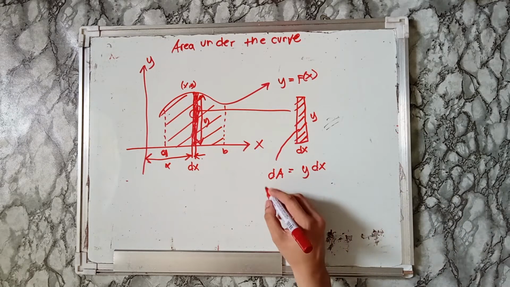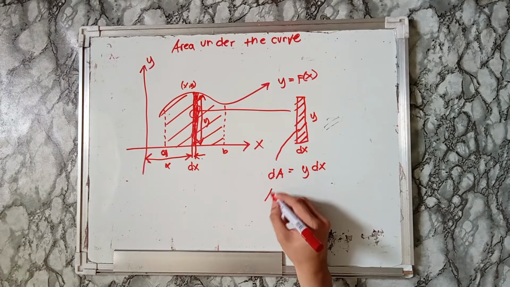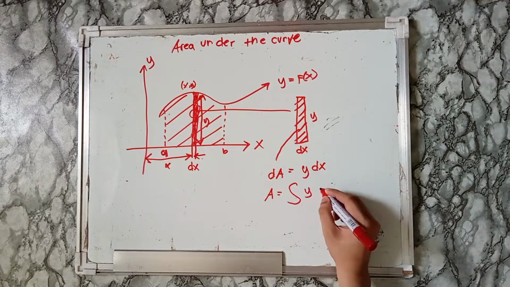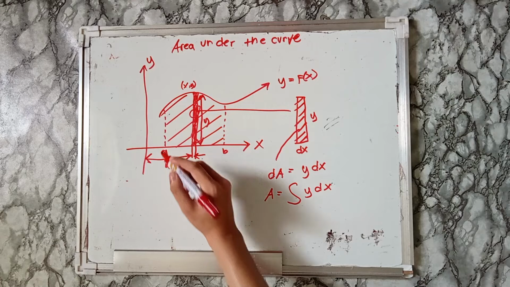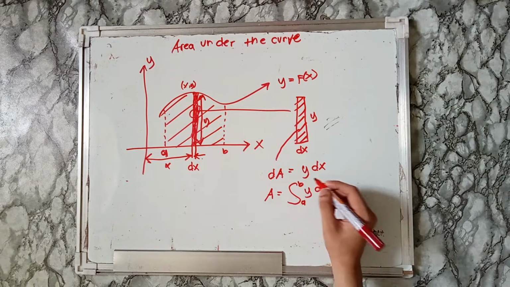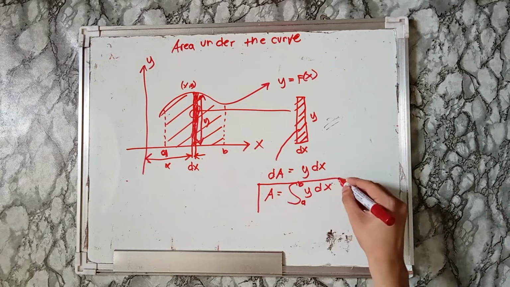Now if we integrate both sides, the d here will cancel, and the integral of y dx with limits from a to b. So this is actually the concept of area under the curve.